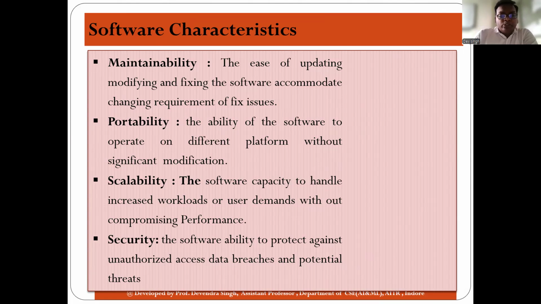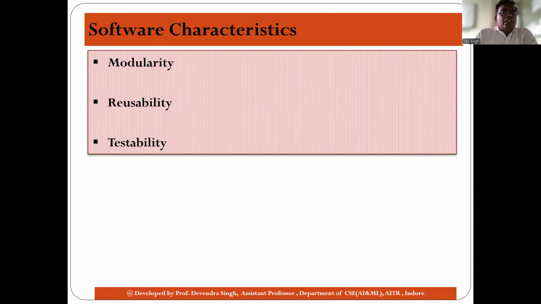And security: the software's ability to protect against unauthorized access, data breaches, and potential threats. Another is modularity. Suppose in an operating system there are various modules: memory management, IO management, file management. If there is any problem in any module, we can easily handle it. Reusability: reusing components in developing new software.